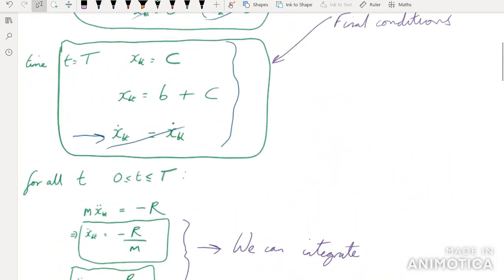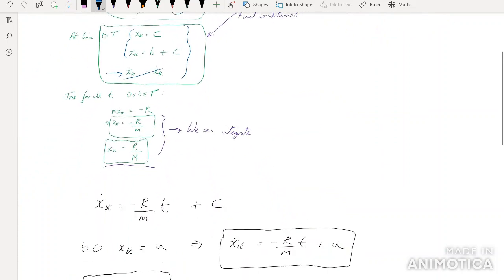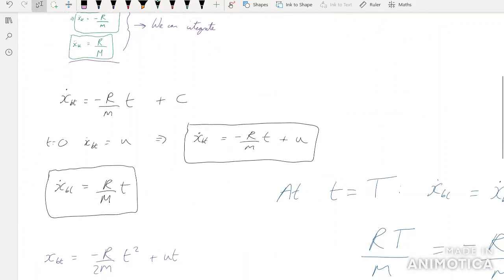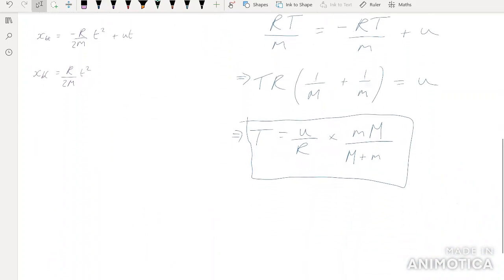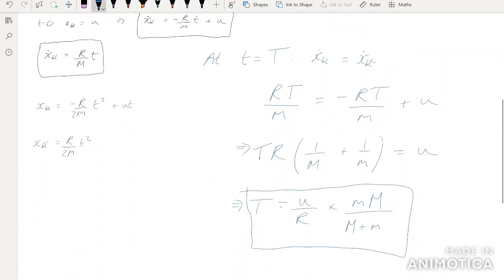So what have we got left? Well, all we have left is to sub in for these, and then hopefully we'll be at the answer, because if not, then we're sort of a bit stuck. So, okay, at time t equals T, we know that the block, x block, is just C. So let's do that.